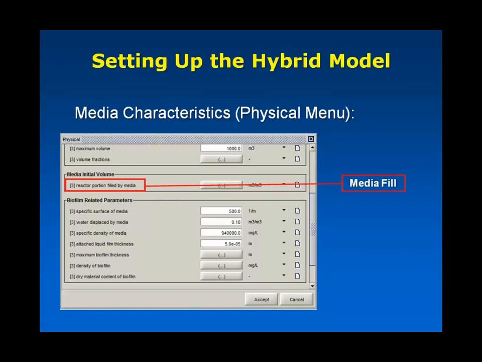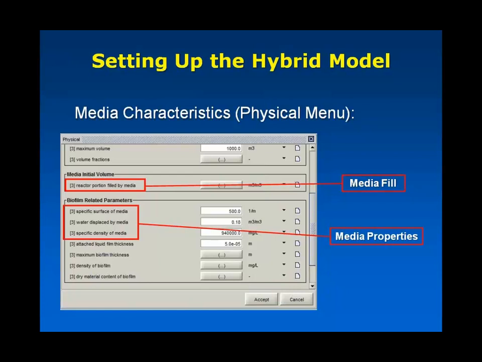So this is a fraction, 50% fill or 30% fill, whatever happens to be appropriate. We next have to fill in these 3 numbers here. These are the ones that are specific to the different types of media that are out there. The specific surface area is obviously a key parameter. That would make our overall amount of surface area to grow biofilm on different depending on what type of media value you've entered in here.